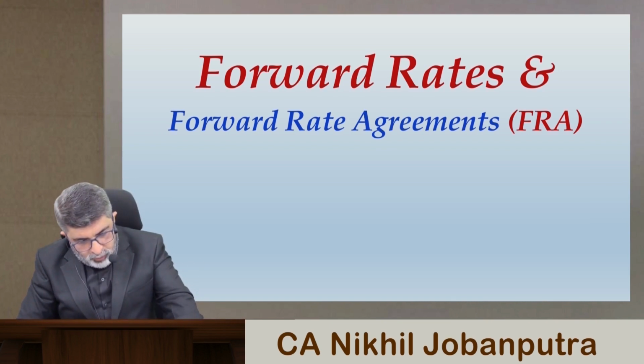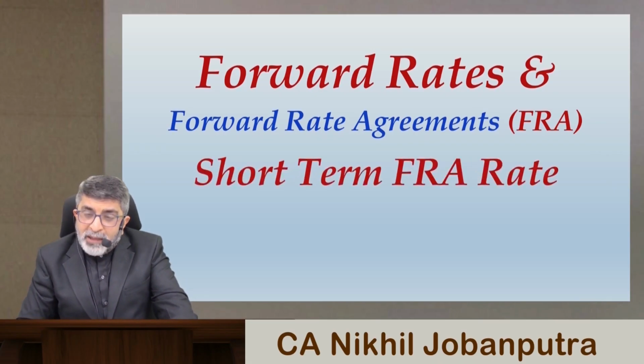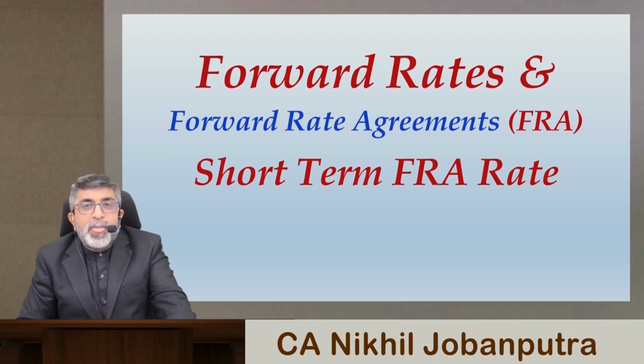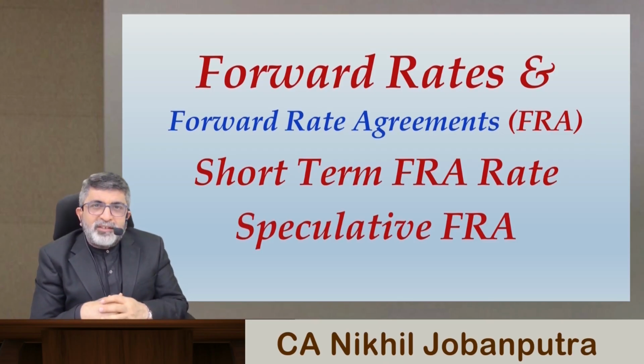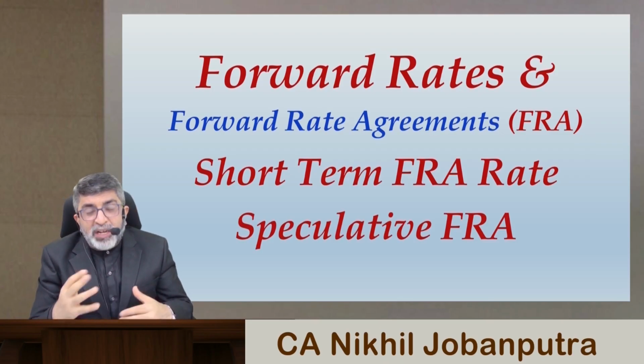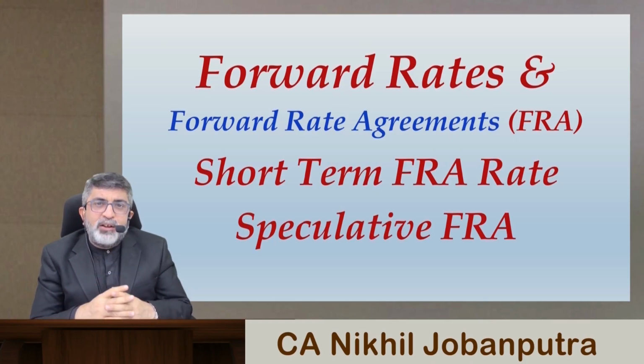Now, we are going to focus on the short-term FRA rate, how to determine short-term FRA rate, and more importantly, in this class we are also going to talk about the speculative FRA, that is, that type of forward rate agreement which is primarily designed with speculative intent.